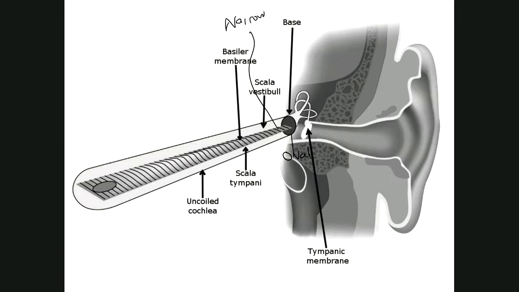Narrow and stiff. But the further you get away, the closer you get to the helicotrema, the wider it gets and the more floppy it gets. So narrow and stiff at this end, wide and floppy at this end.